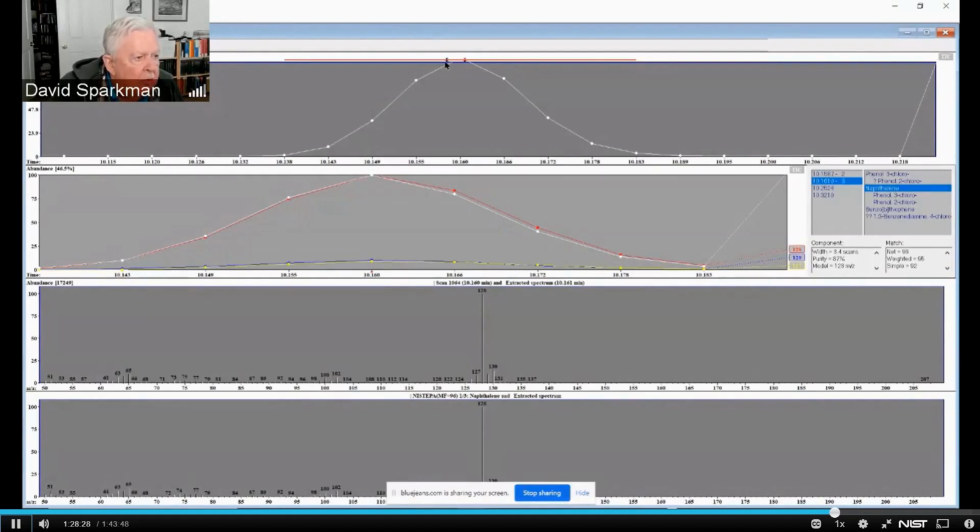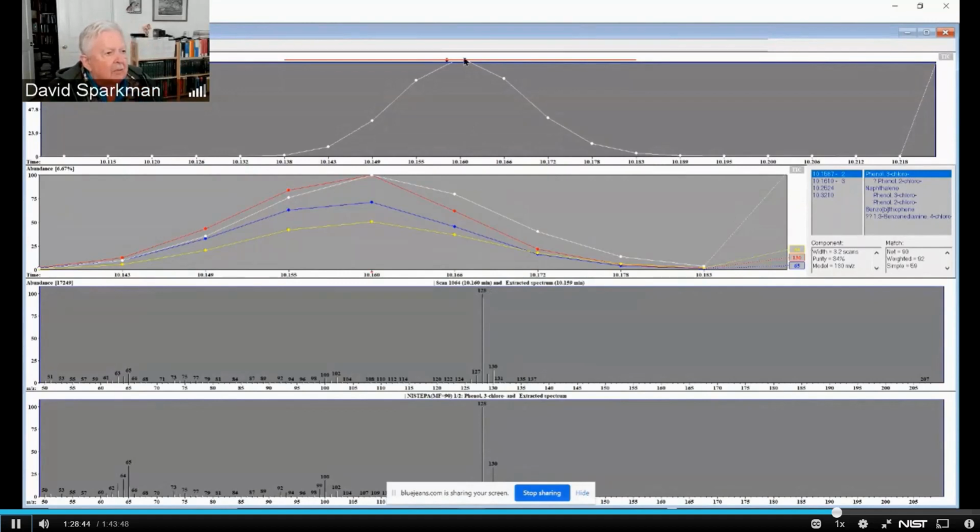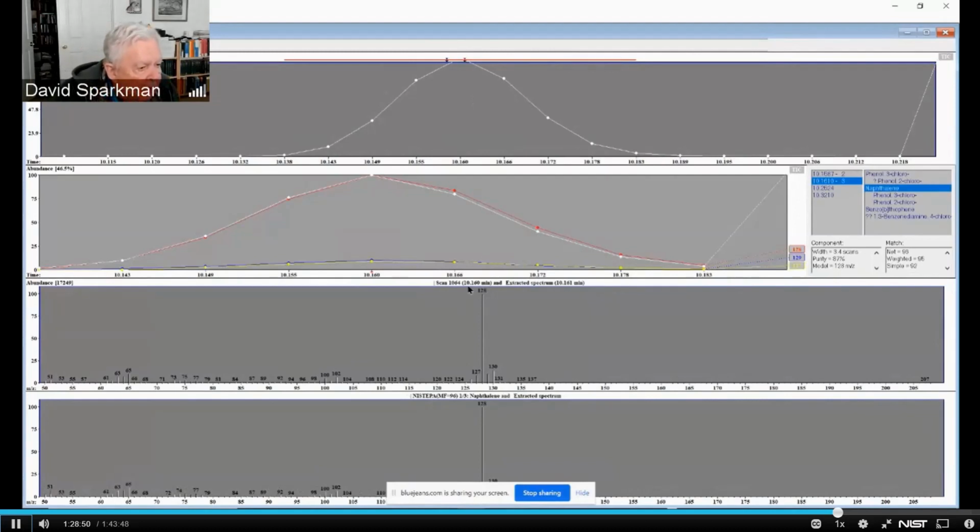What I want you to see is that this spectrum has a retention time of 10.160 minutes. This spectrum also has a real retention time of 10.160 minutes.